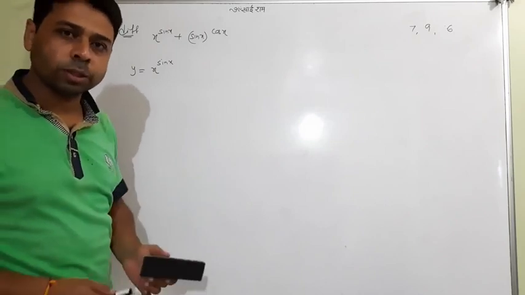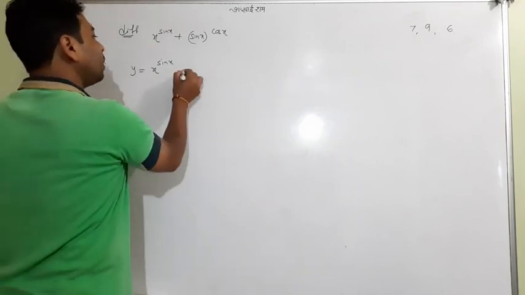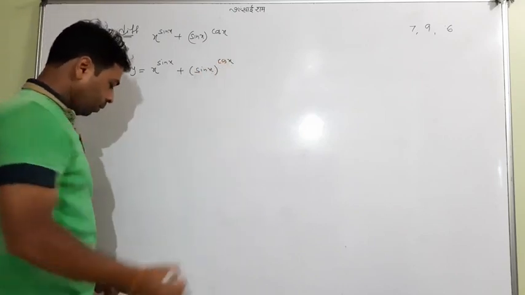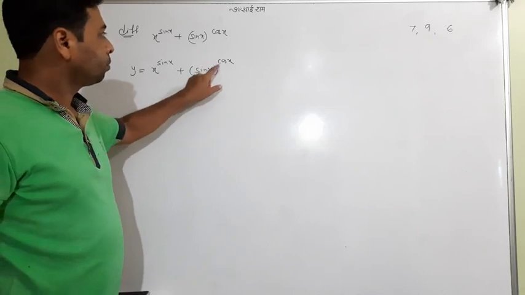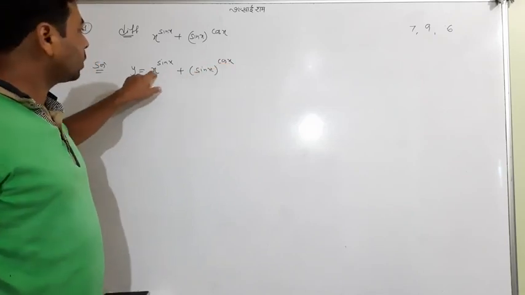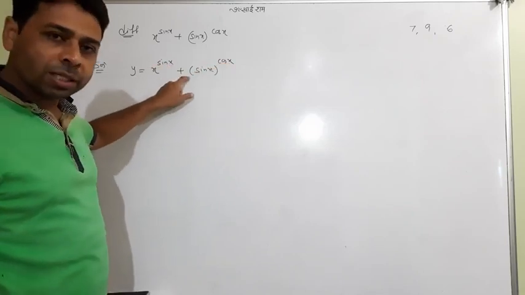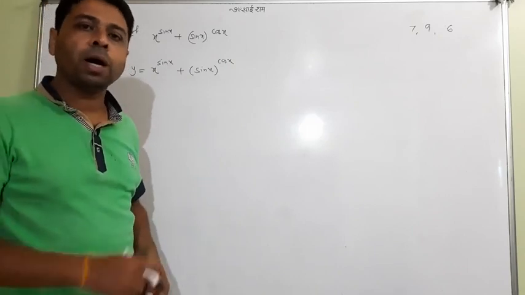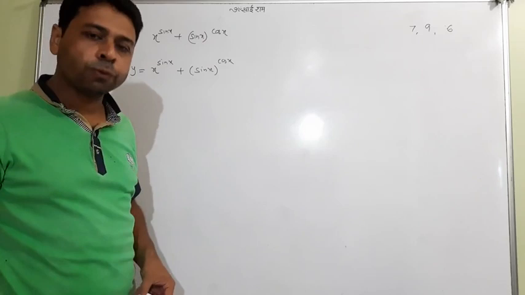But if you have a plus or minus sign between them and both require log, we can't take log. So I have also taught you the alternative method, which is very fruitful.